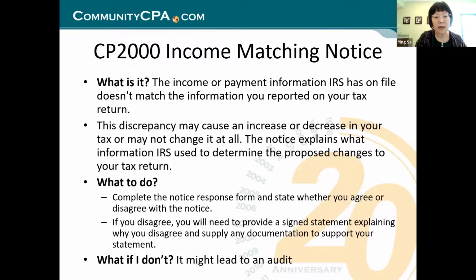So this is not an audit, but it can become an audit for sure. So you want to reply to them really quickly. They give you 30 days, but do it in 10 days, okay? Don't always wait until the last minute. It is possible this kind of thing would lead into an audit, and you don't want to be audited, okay?